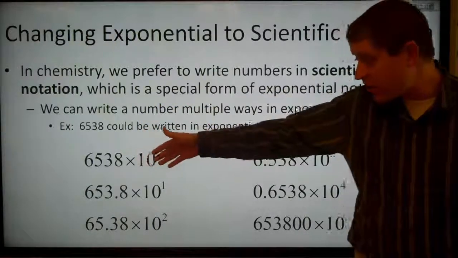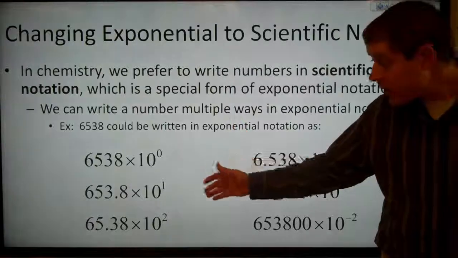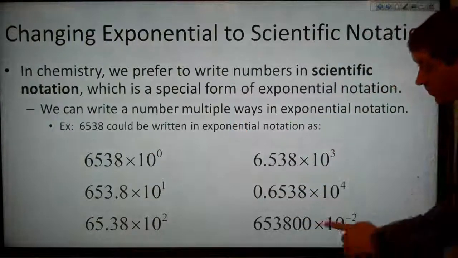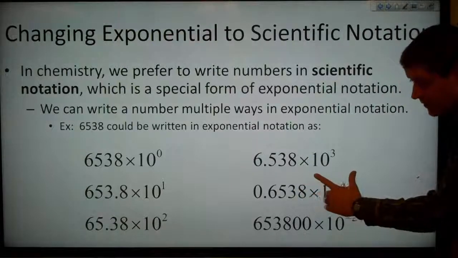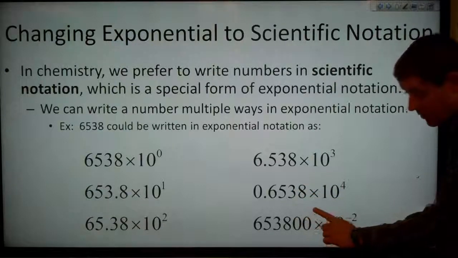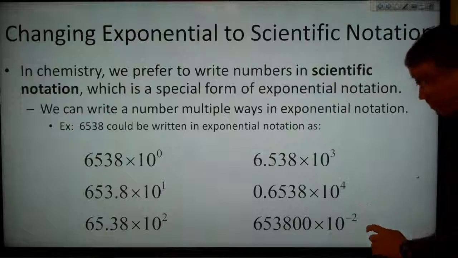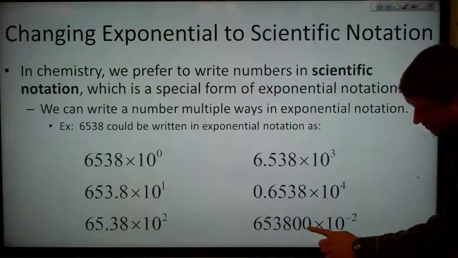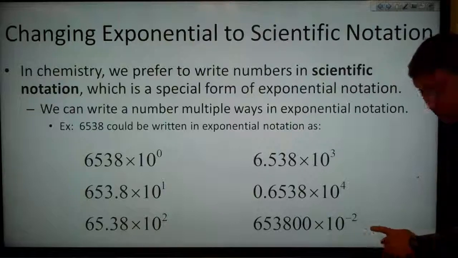We could write it as 653.8 times 10 to the 1. We could write it as 65.38 times 10 to the 2. 6.538 times 10 to the 3. 0.6538 times 10 to the 4. We could even have a negative exponent, like 653800 times 10 to the minus 2.